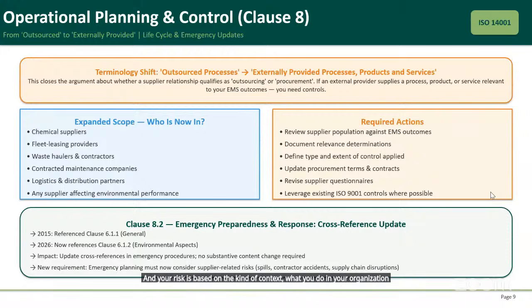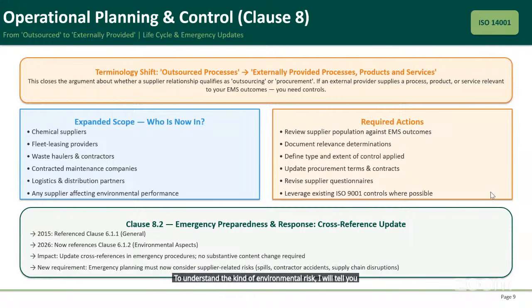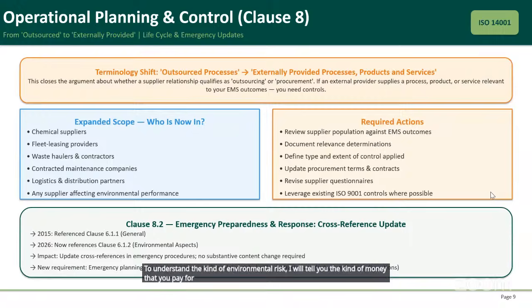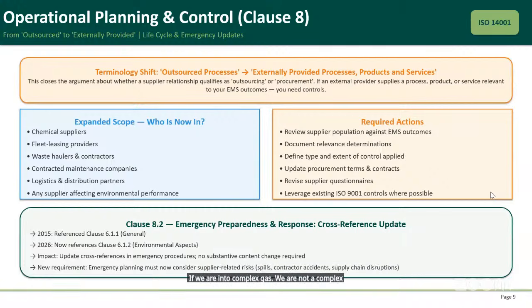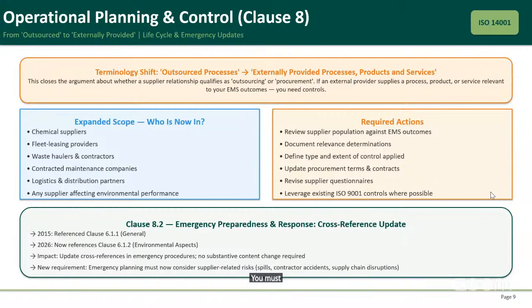So in emergency response, when you are planning, you need to look at clause 6.1 to understand the kind of environmental risk that will tell you the kind of emergency you prepare for. If you have a lot of compressed gas, you must consider gas leakage as an emergency. If you're in oil and gas and you store fuels, or you discharge, unload or offload, you must consider spillage as an environmental aspect.